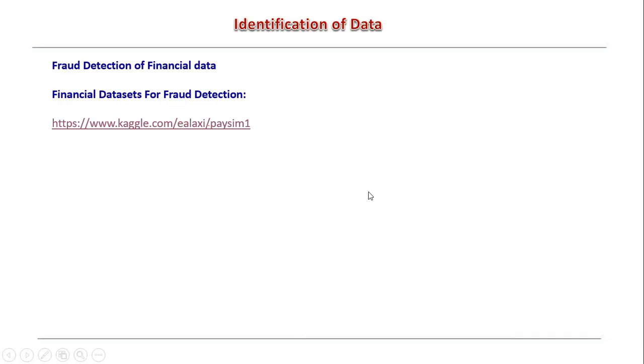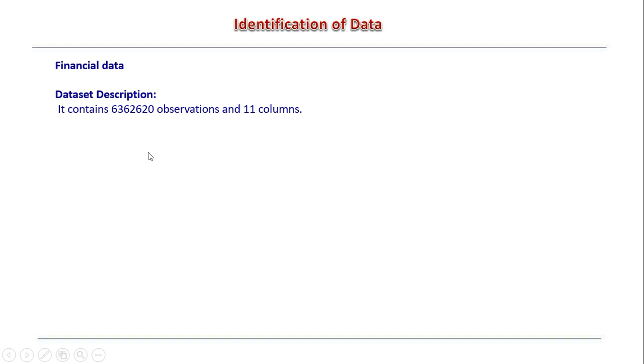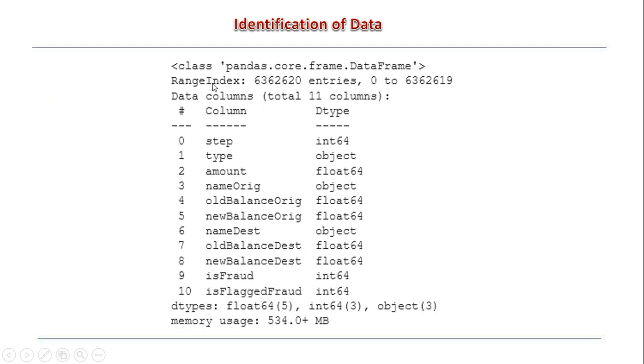This is about my data here. It contains 63,62,620 observations, meaning instances, those are the records, and 11 columns are there. This is the data description.